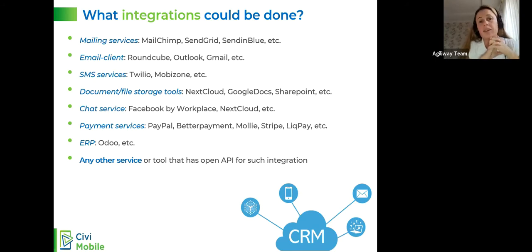Regarding SMS services, there is already an extension with Twilio integration, and we made an integration with Mobizon. This is a Ukrainian provider, but it can be any other. Document file storage tools: as I mentioned, this is Nextcloud, which is also an open source system.